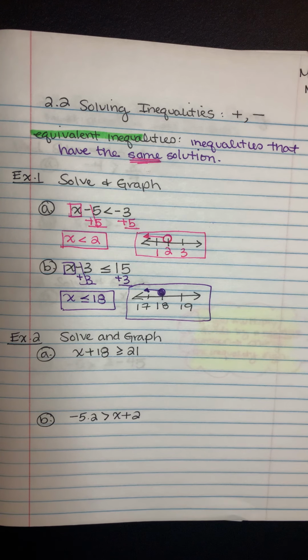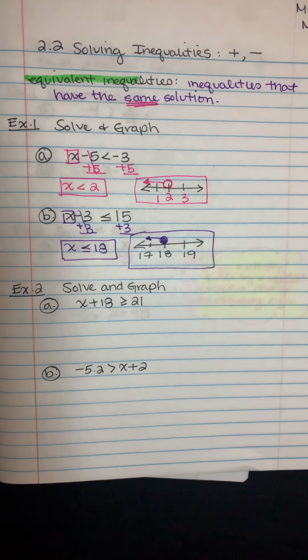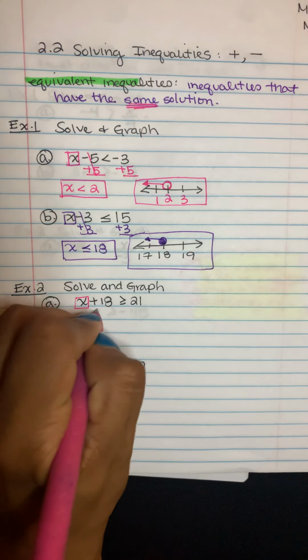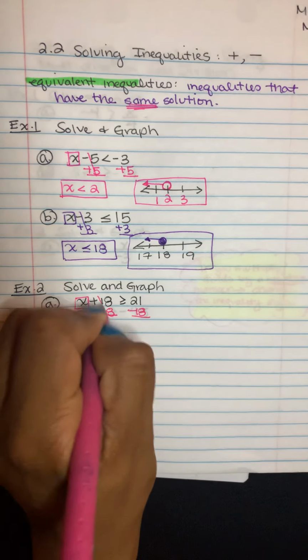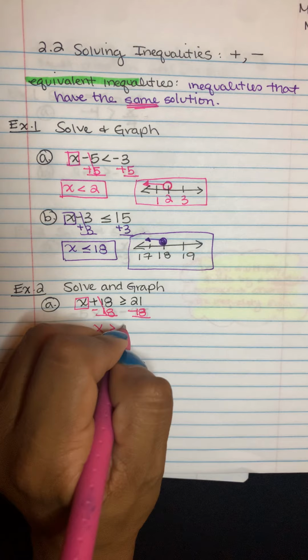Okay. All right, let's take a look at example 3, solve and graph. Exact same thing. Let's go ahead and isolate our variable, subtract 18 from both sides. X is greater than or equal to 3.